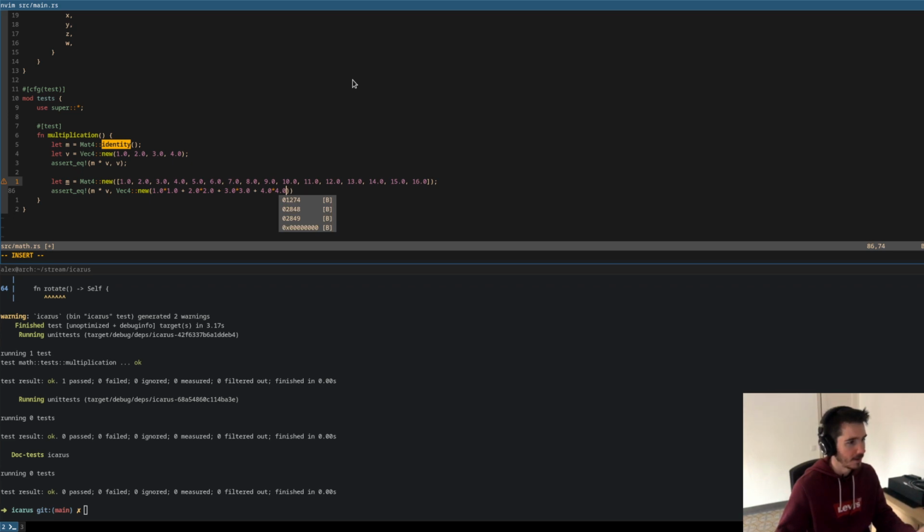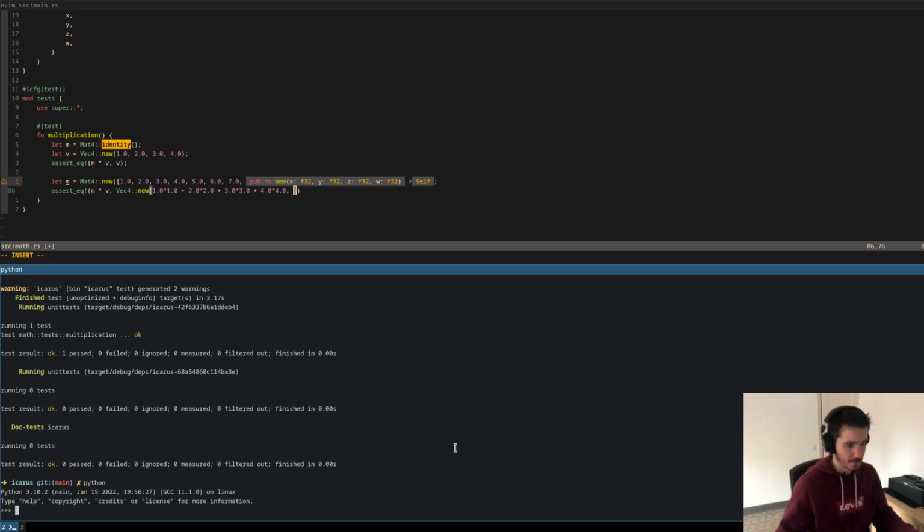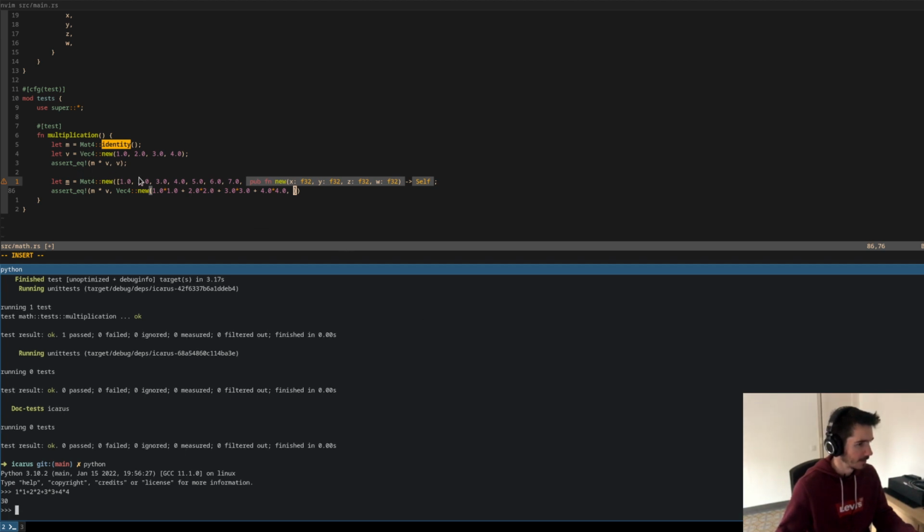This is going to be the first component, the x component. Then we have, well, let me do this in Python quickly. So 1 times 1 plus 2 times 2 plus 3 times 3 plus 4 times 4. This is 30.